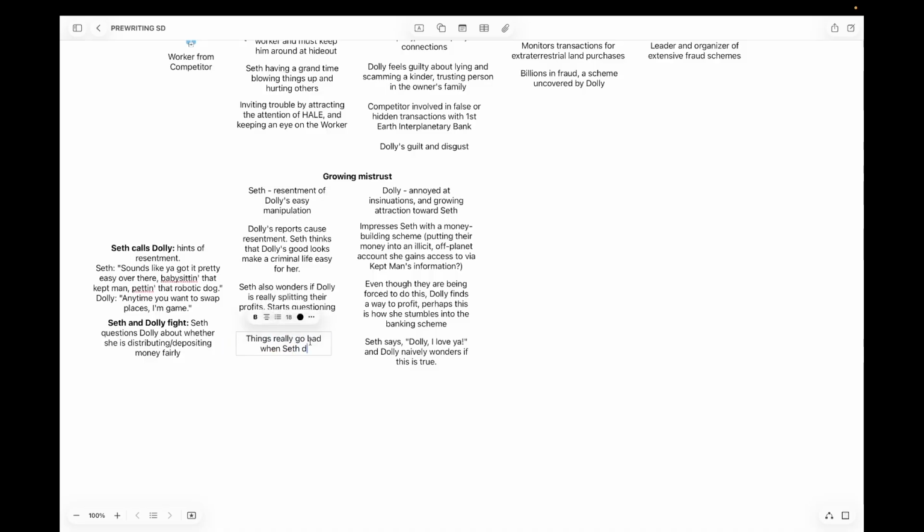And Seth is making money through a laundering scheme. Through a diner front.